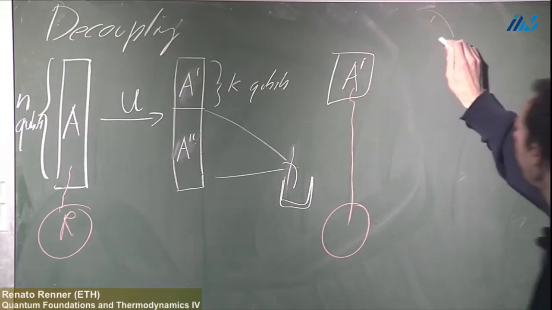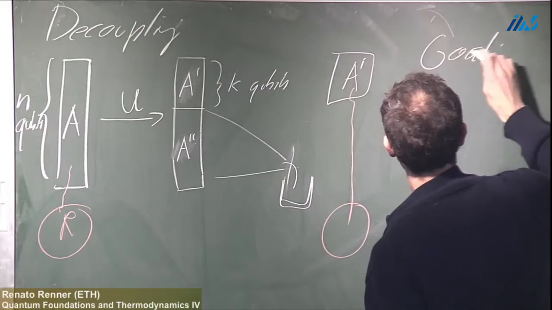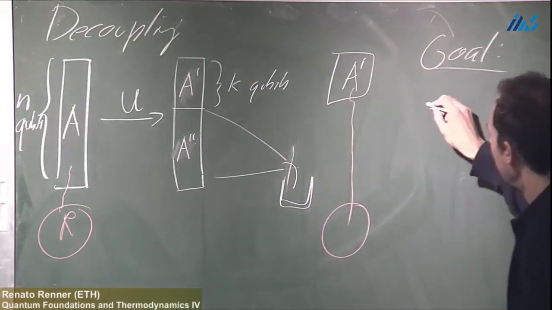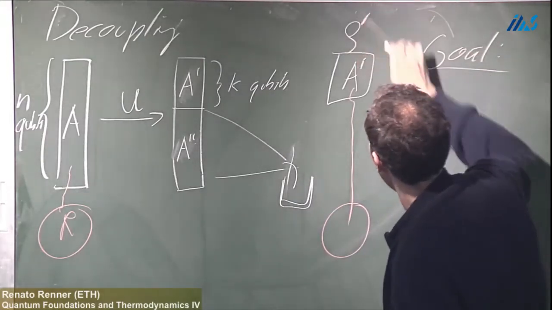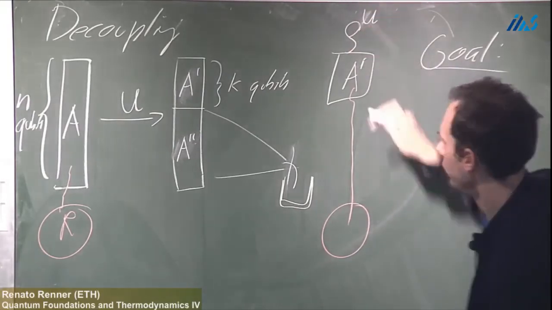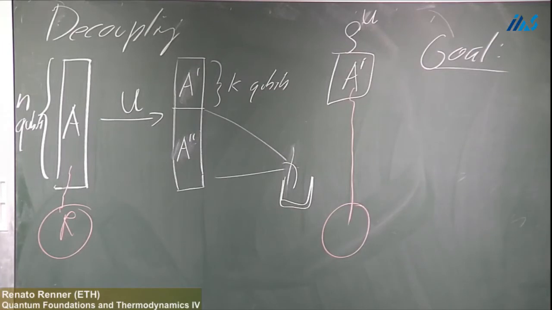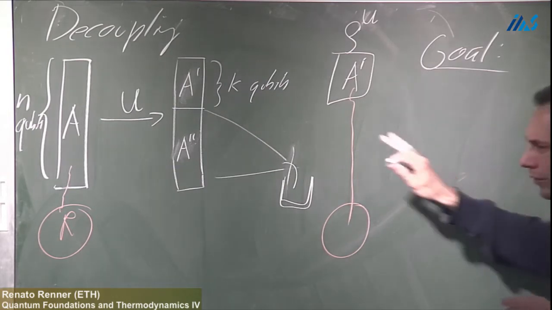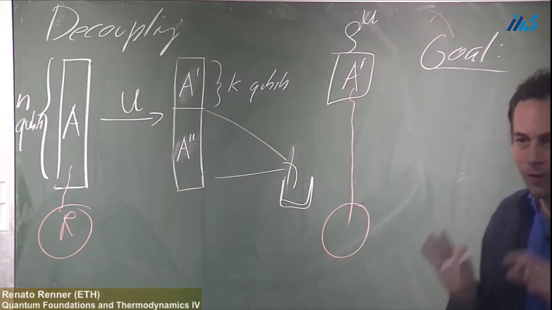What we would like to have typically is a situation where the state after, in contrast to last time, let me write here the unitary to make explicit that we're talking about one fixed unitary. But at the end we cannot have a theorem about one fixed unitary. The physical scenario is just talking about one fixed unitary.